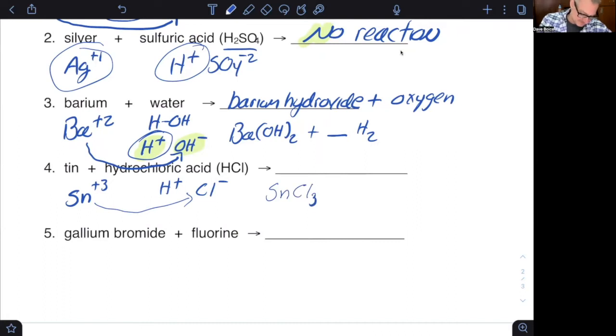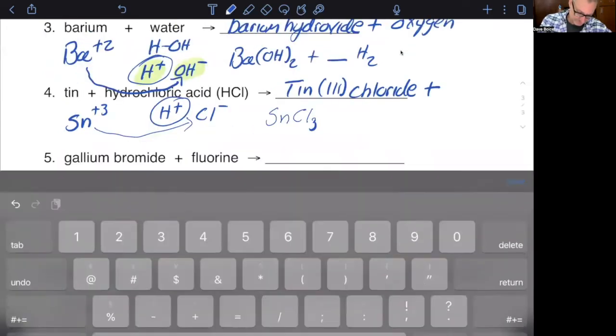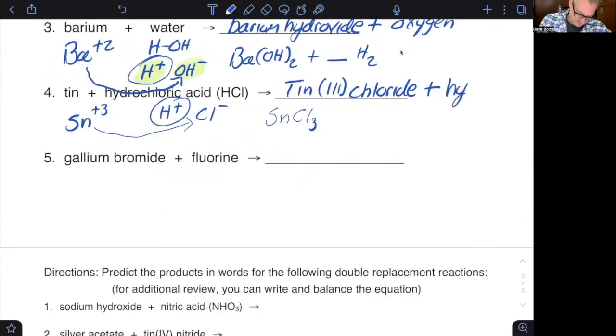But since I'm not, I'm going to put it in words, and I use a +3. So that makes this tin(III). And it is bonding to chlorine. So chloride, plus hydrogen. Which, if I were to write that, I would remember that's a diatomic. So that would be H2.